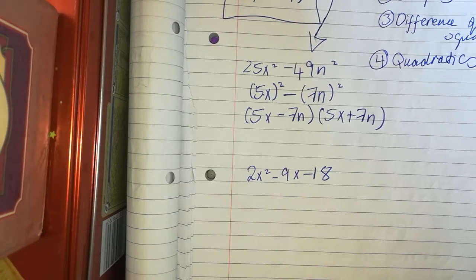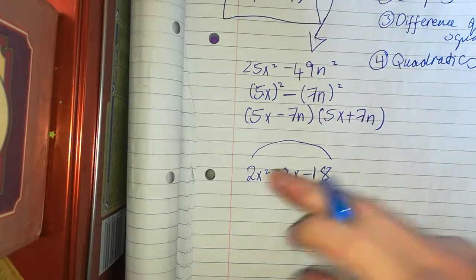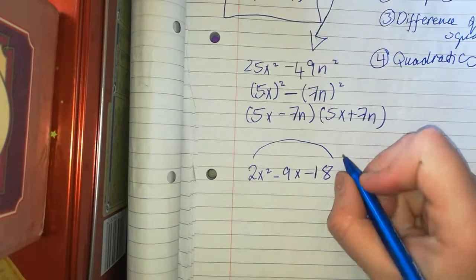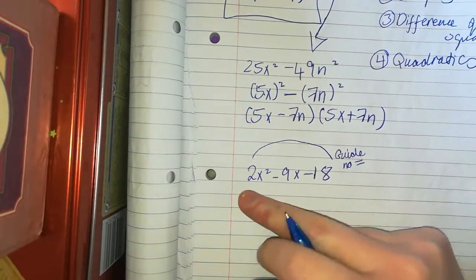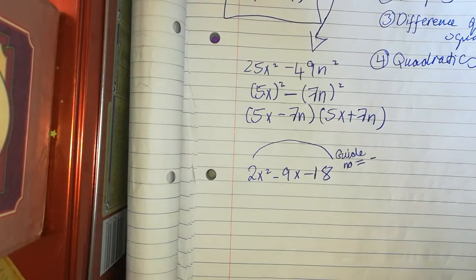The first way I'm going to use is the guide number method. We multiply the x squared term's coefficient by the number that doesn't have anything attached to it, and what we get is called our guide number, or GN. So 2 by minus 18 gives me minus 36.